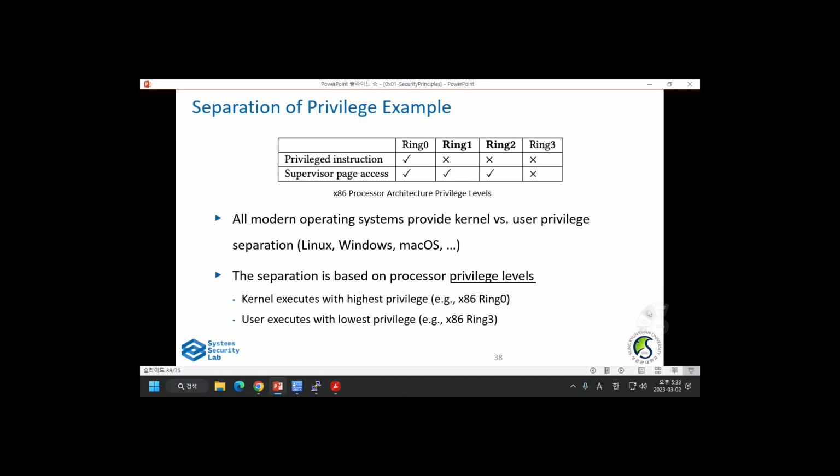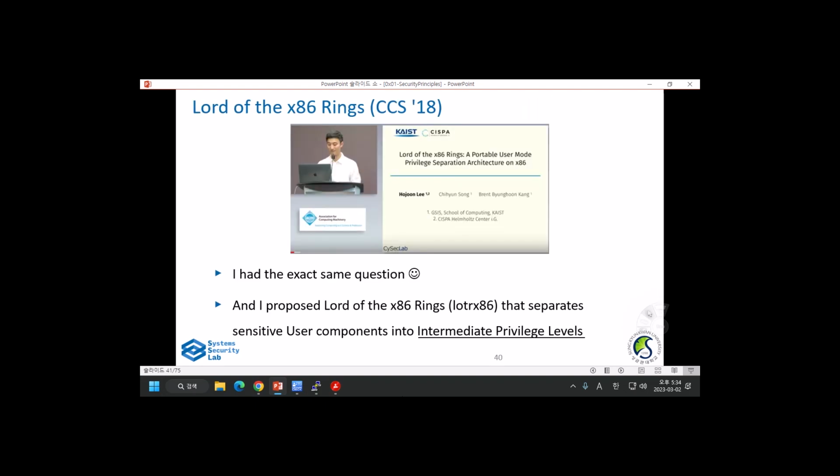I'm trying to remember, and I think it wasn't in reverse engineering. I think I took another course that talked about this. Was it OS or computer networks or something like that? I'm not sure. Okay. Anyways, I can read the paper. Yeah, I highly recommend it. Where could we find it? You can Google the title of the paper. It's called Lord of the x86 Rings.